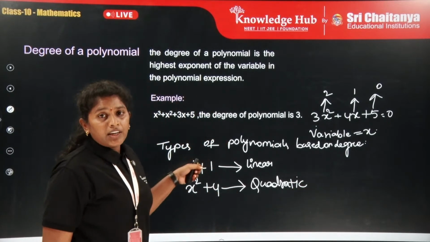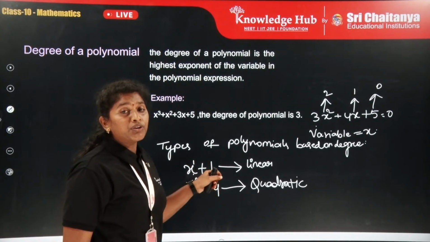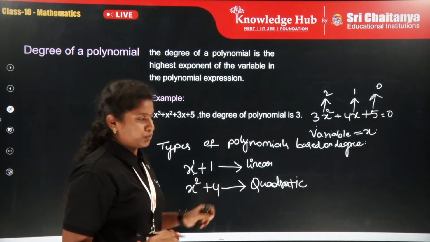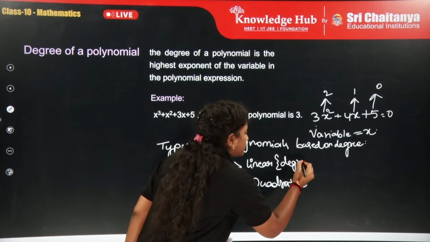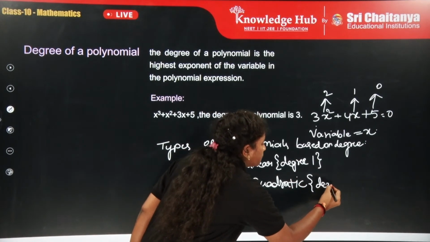So the linear polynomial is having the degree as 1, and the quadratic polynomial is having the degree as 2.